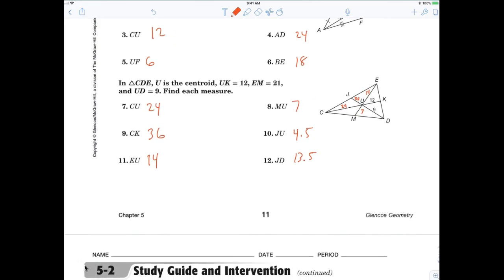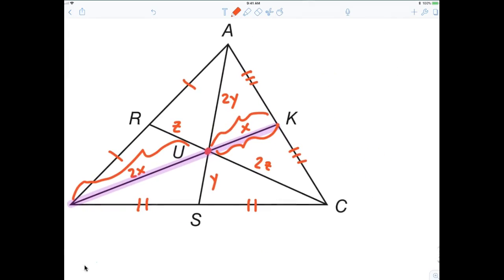And to find the centroid, it is the medians. All right? And what exactly is a median? A median is the line from one vertex to the opposite side. And what does it do to the opposite side? Cuts it in half. Is it perpendicular? No, it doesn't have to be perpendicular.